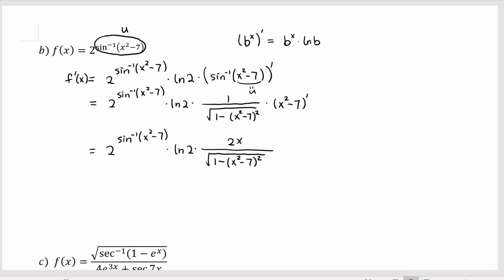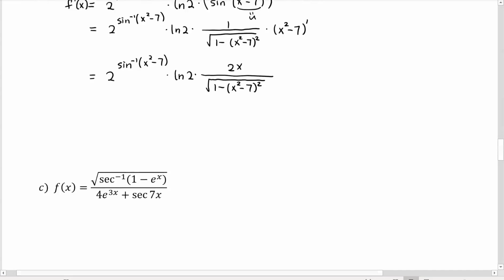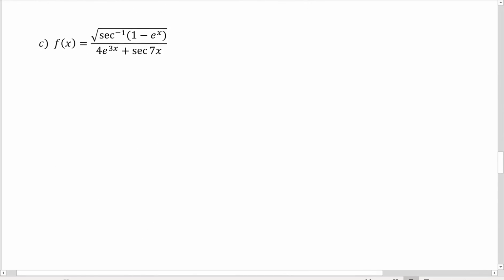Can we cancel the 2 and this 2 or this 2? No, don't cancel it, okay? You can combine this 2 and this 2 together, but you get plus 1 here. But I suggest you just leave it like that. You don't need to simplify. Okay, all right, let's go to the next one.